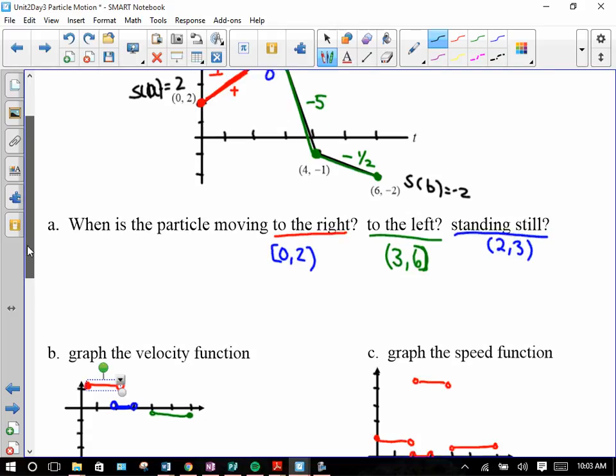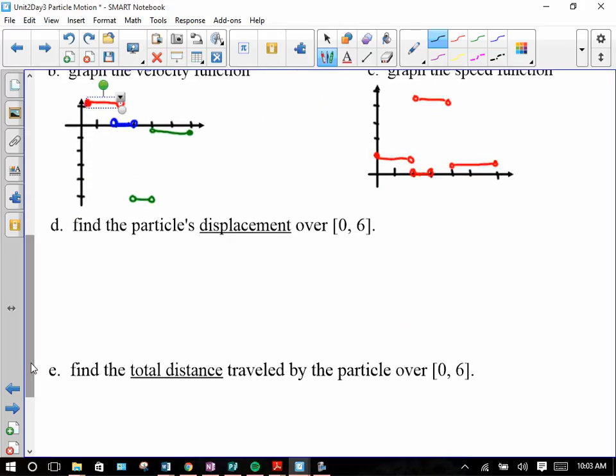So we want to find the particle displacement.